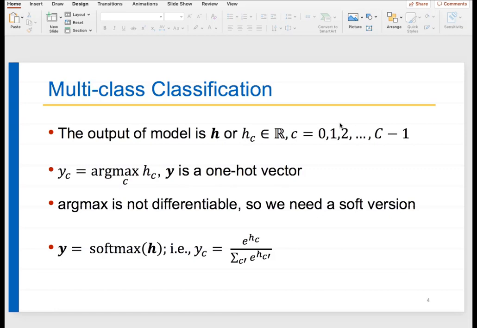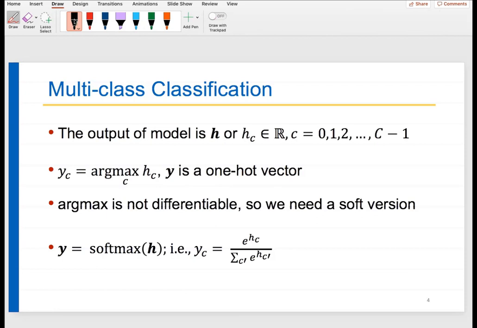So we make a model. Let's say our model is height and width, the input, let us call it x vector, and then some hidden units, and then outputs.